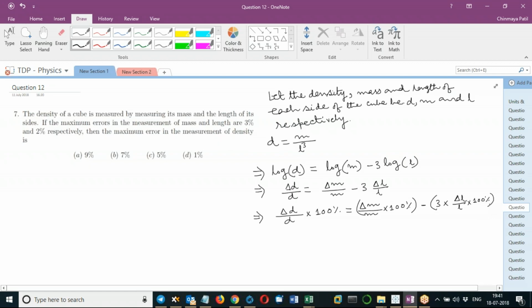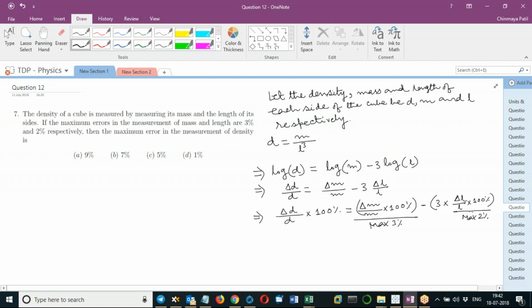Now, what is the maximum value of delta m by m into 100%? According to the question, that is 3%. Its maximum value is 3%, and the maximum value of delta L by L into 100 is 2%.